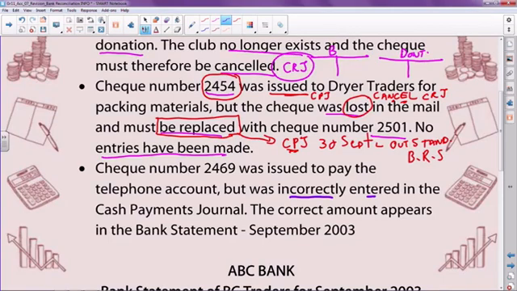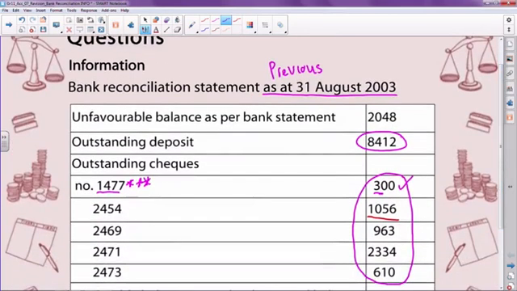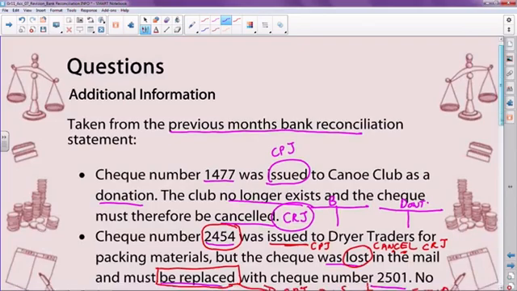So let's firstly go to check 2469. I'm just going to tick the previous check because we've cancelled it. So check number 2469: in our records, we've recorded the check as 963.